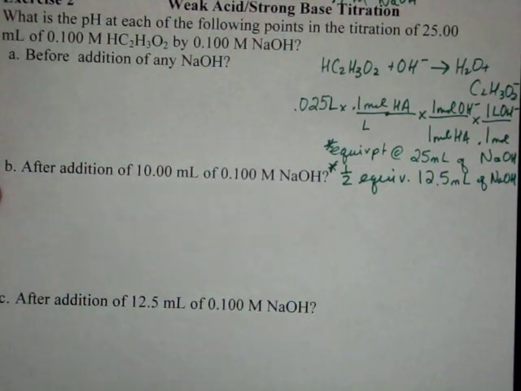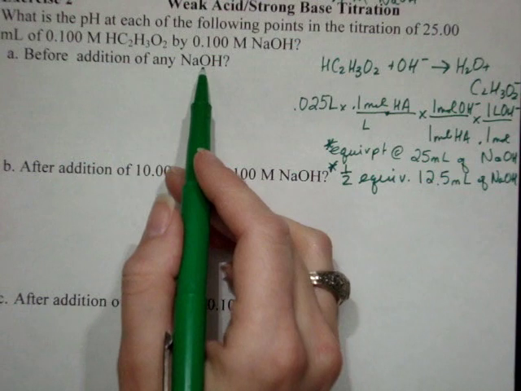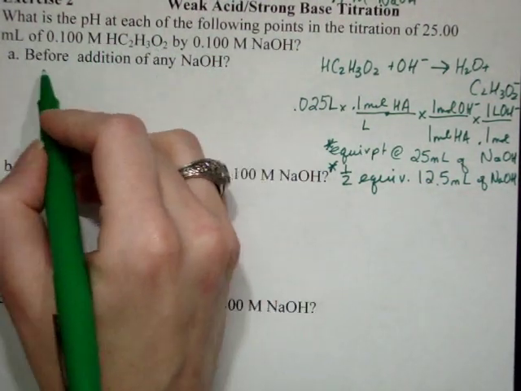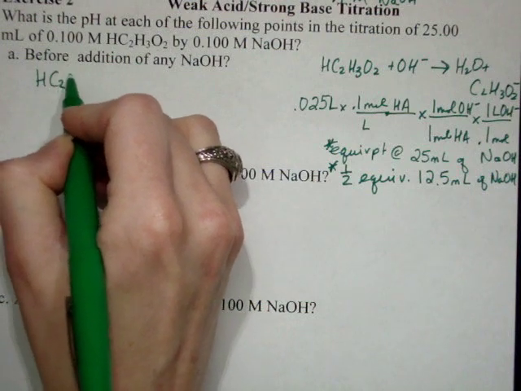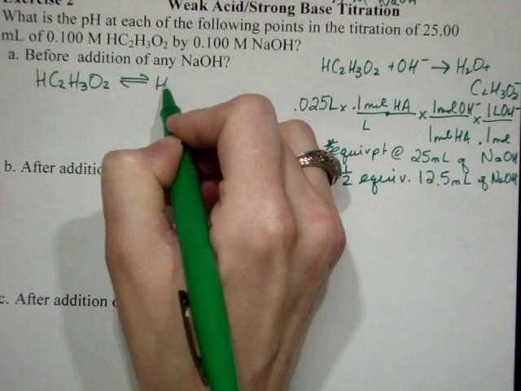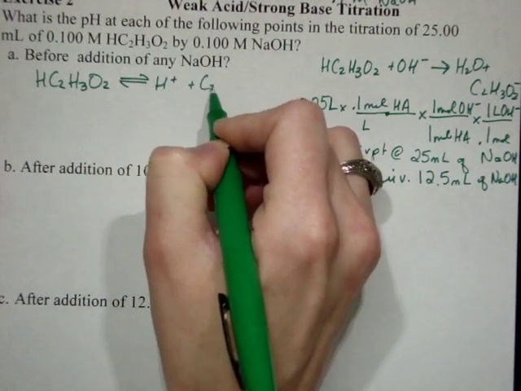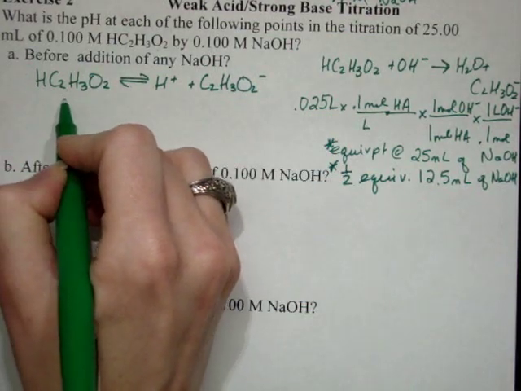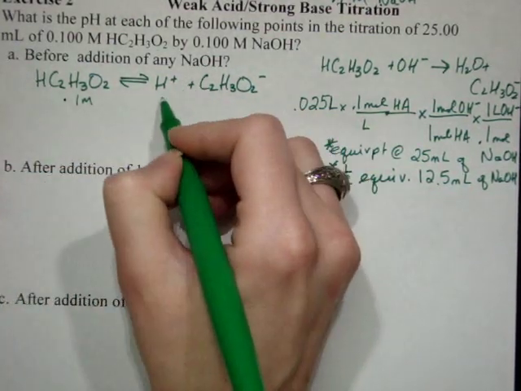Alright, so let's look at the problem. Before the addition of NaOH, at this point I have acetic acid, which is weak, so it's going to make a nice little equilibria system. So I have 0.1 molar, 0 and 0.